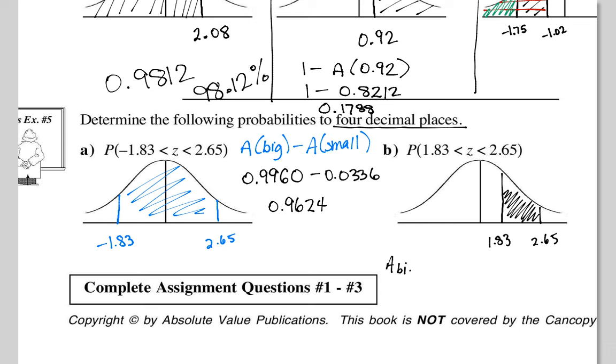Okay, area big, take away area small. The big one comes from the data value farther to the right, so 2.65, 0.996. Done that one already. And then the 1.83, 0.9664.